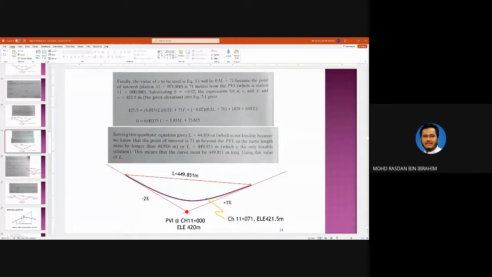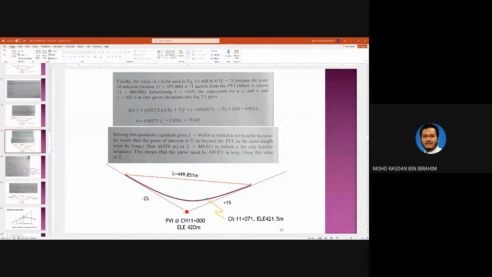So it is 71 meters away from PVI. So X will be 0.5L, which is the distance from the starting point halfway to PVI, plus 71 meters, the distance from PVI to the point of interest over here.